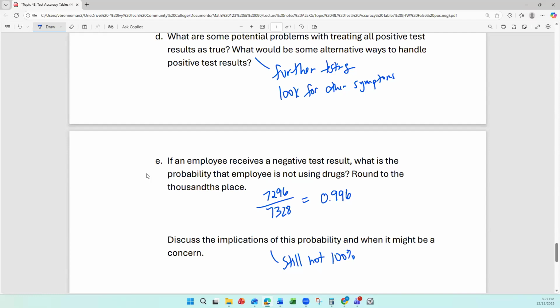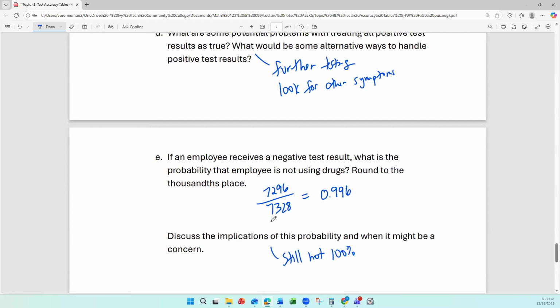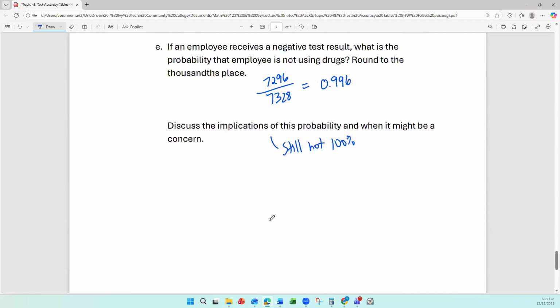All of those have potential problems they could cause, and there's more to it than just doing the calculations, and there's certainly more to it than just doing the test and saying positive, therefore this is true, or negative, therefore you're fine. So that's the test accuracy tables.